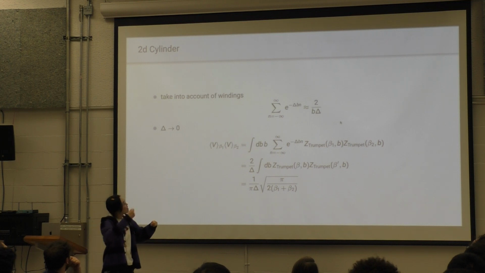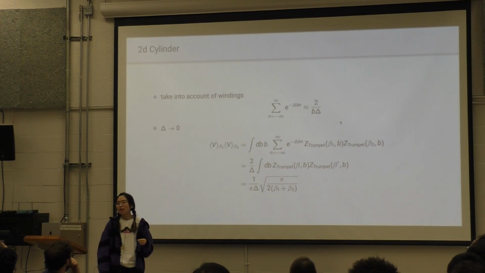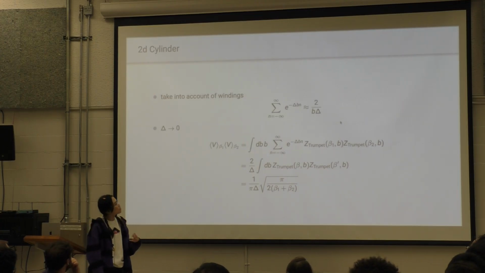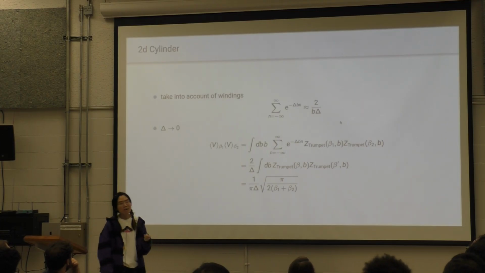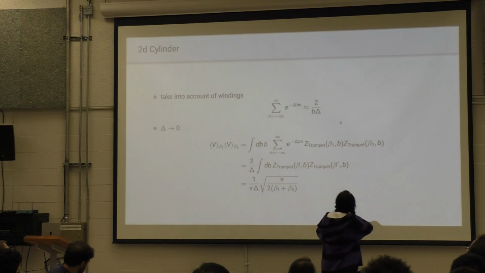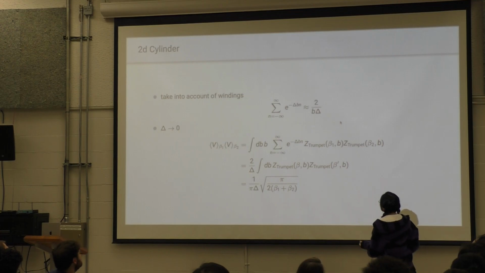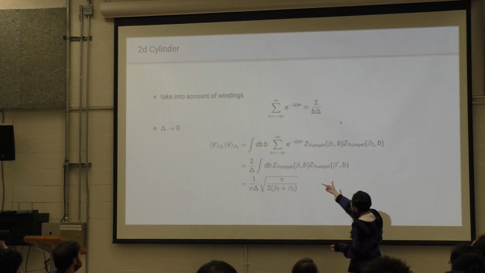This is accounted for by this factor e to the minus delta times b times n, and you sum over n from negative infinity to infinity. So this gives a factor of 2 over b times delta. And then you do this calculation the same as what we do to calculate the partition function of the cylinder, but include this additional factor taking into account the windings.